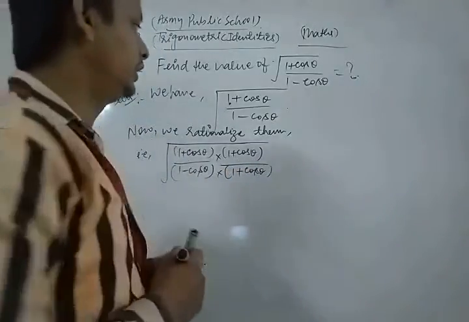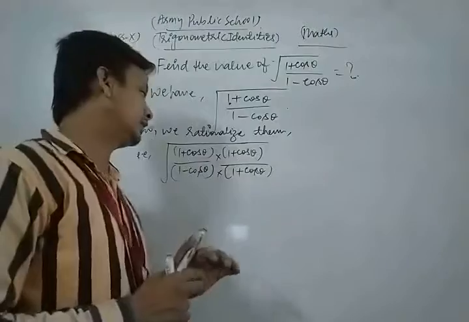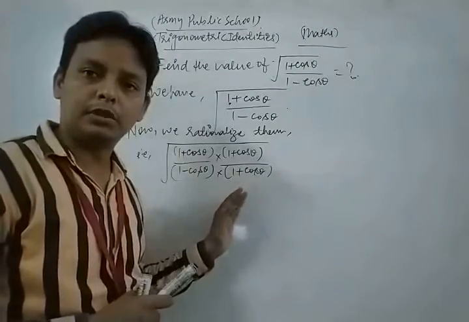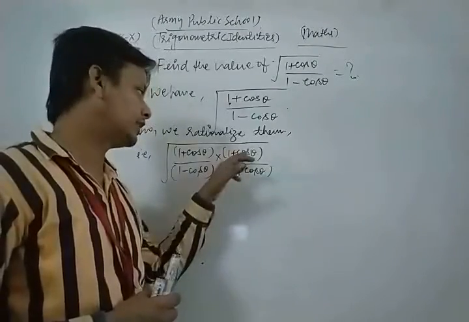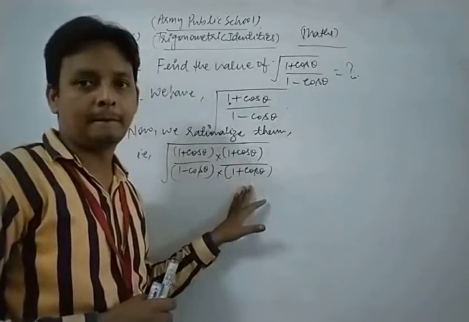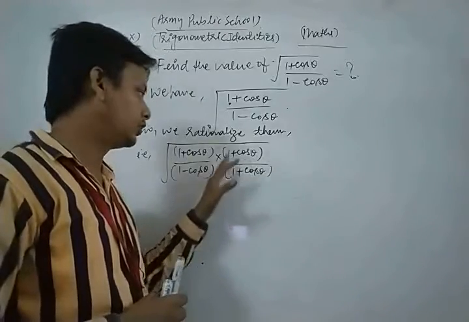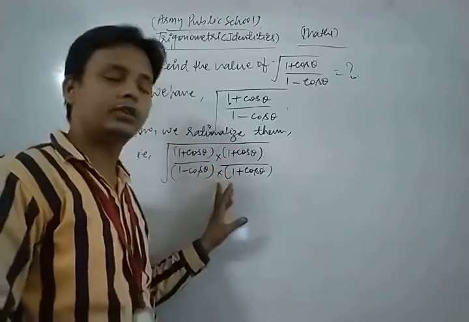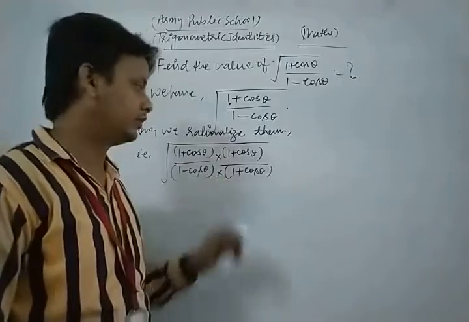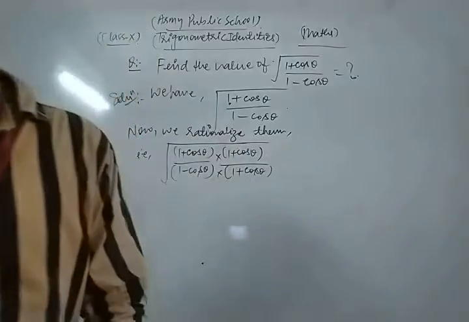Okay, so in rationalizing we must multiply both the numerator and denominator by the conjugate of its denominator.